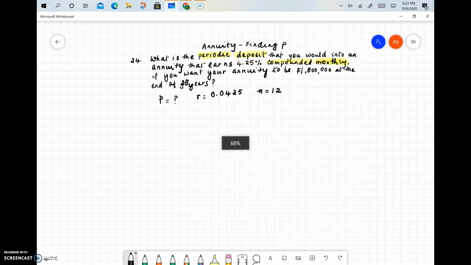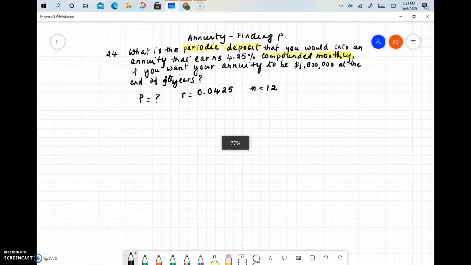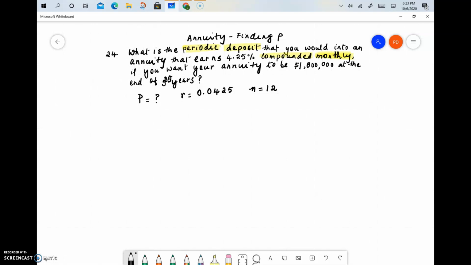And the time is given, 30 years. So T, the time, is 30 years, or sometimes that's also denoted by the letter Y. And at the end of 30 years, we want to collect an accumulated amount of $1 million.